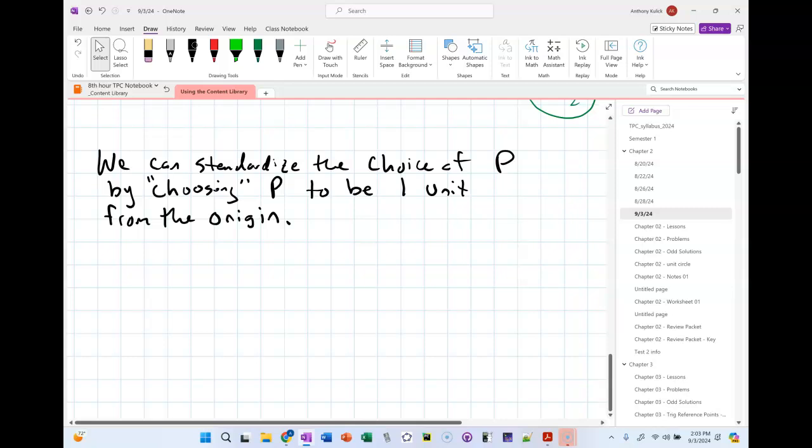So the way we're going to do this is, to simplify things, we can choose our P always so that it's 1 unit from P to the origin. Okay? Now let's say we do that, and we take all the P's that are 1 unit from the origin from every single angle possible, and we plot those P. What shape is it going to make?